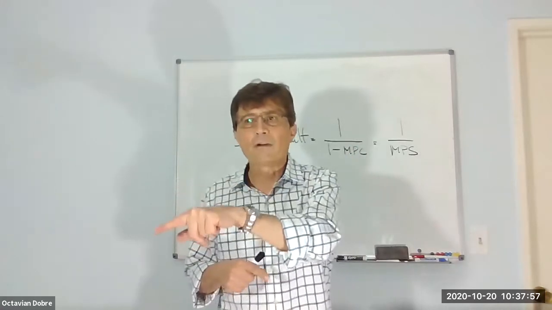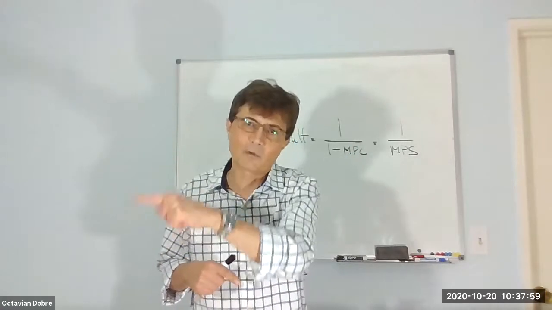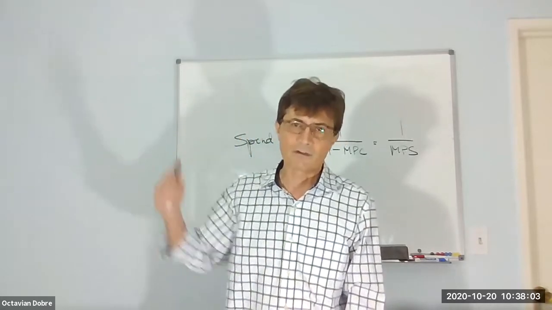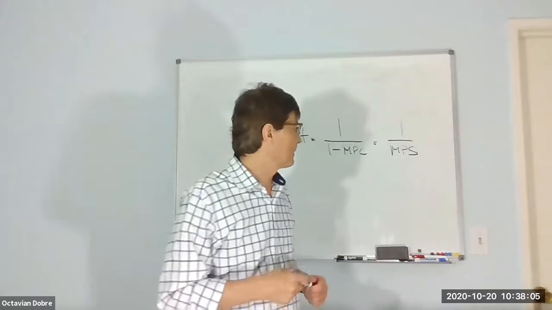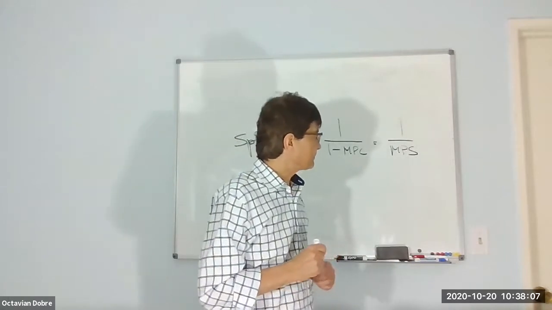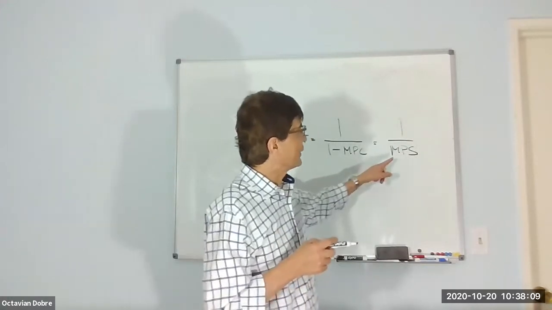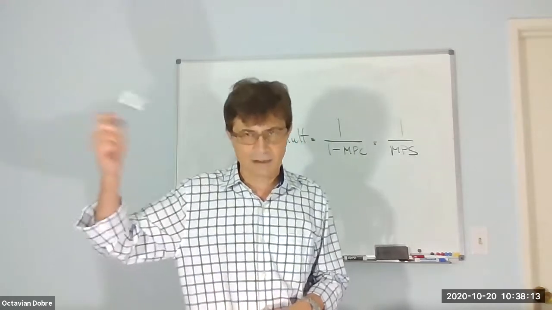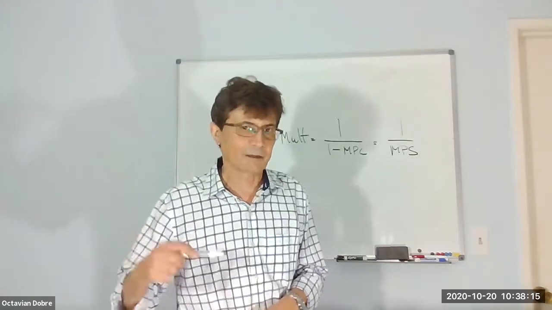So if the MPC goes up, the multiplier goes up, and vice versa. Obviously, for the MPS it is the opposite. If the MPS goes up, then the multiplier goes down, and vice versa.